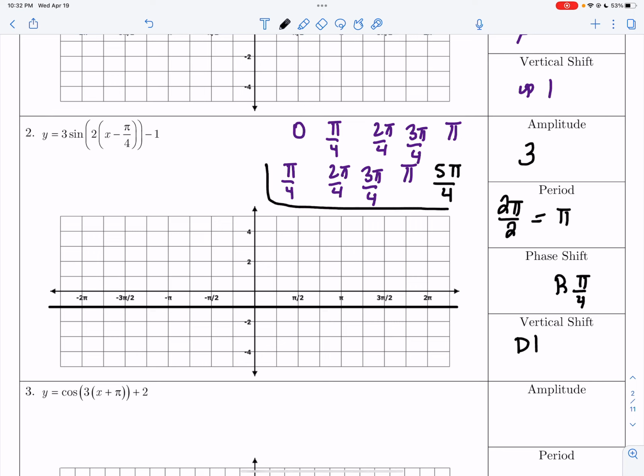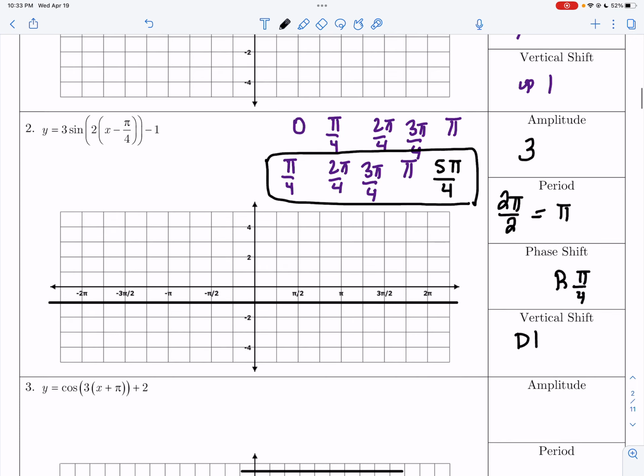So this right here represents my new reference points. At pi over 4, since this is a sine function, I'm still at my midline. Then I'm going to go up to pi, or 2 pi over 4, and then down to my midline, then down to my minimum, and then back to my midline at 5 pi over 4, which is where I stop.